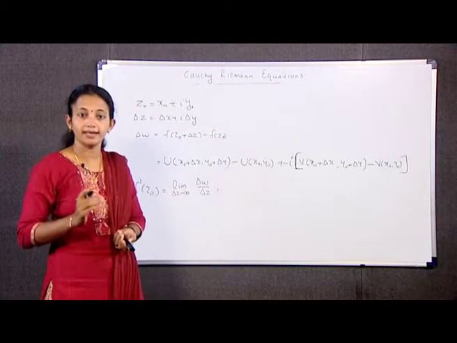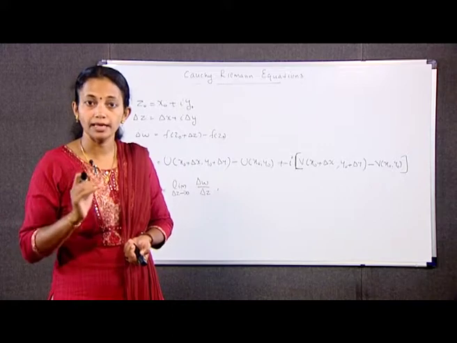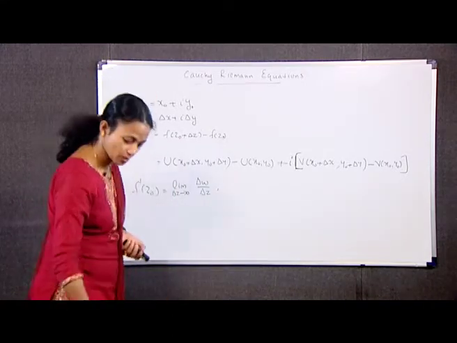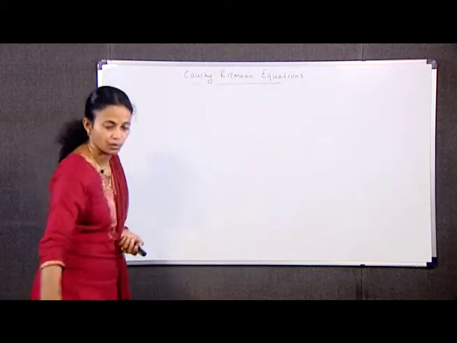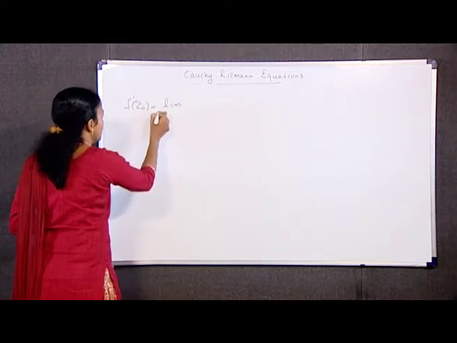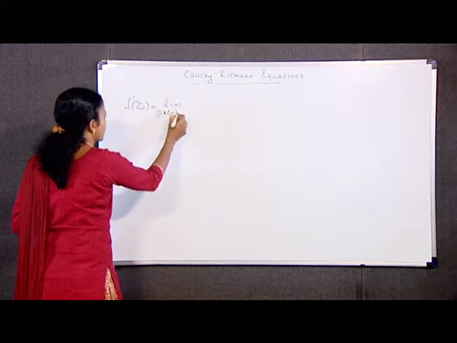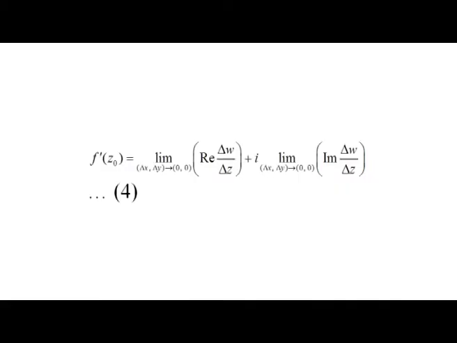This exists. We then have f'(z0) equal to the limit as (delta x, delta y) tends to (0, 0) of the real part of delta w by delta z, plus i times the limit as (delta x, delta y) tends to (0, 0) of the imaginary part of delta w by delta z.